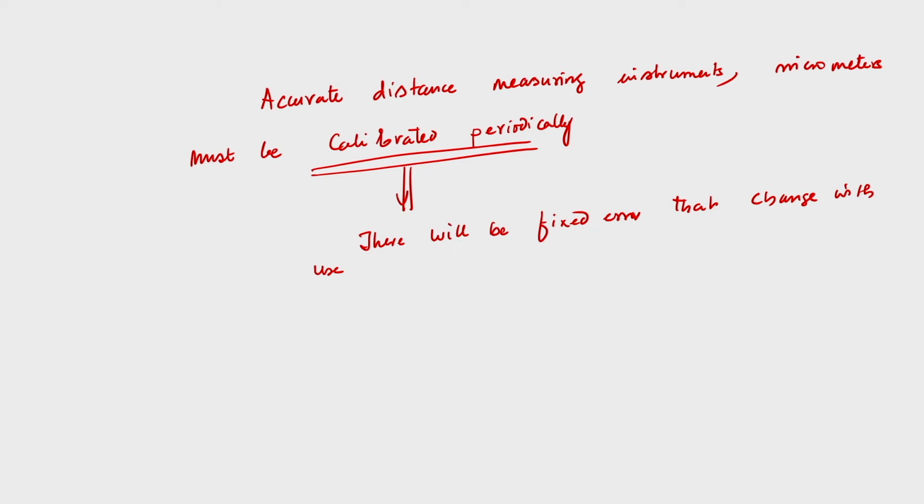So what does this error arise from? If we keep on using a micrometer for measuring distance, distance measurement is very important both in industry and experimental applications. There are many accurate distance measuring devices, micrometer is one of them, but those devices must be calibrated periodically. Why?